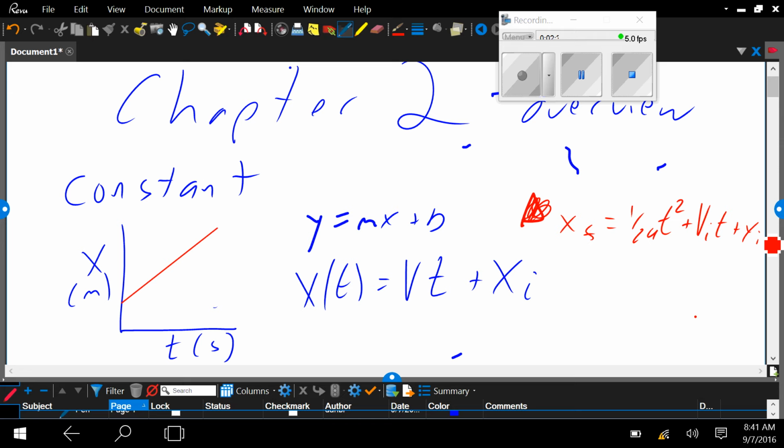It's one of our equations of motion. It's x final equals one half a t squared plus initial velocity times time plus x initial. Yes? You've seen it before, I hope? It's a position equation, absolutely. Now, if a is 0, this whole term goes away, and it reduces to this.